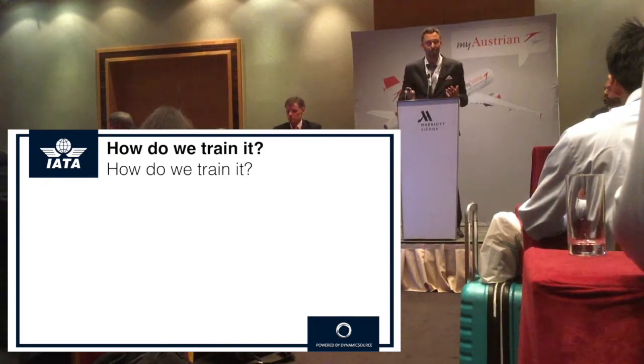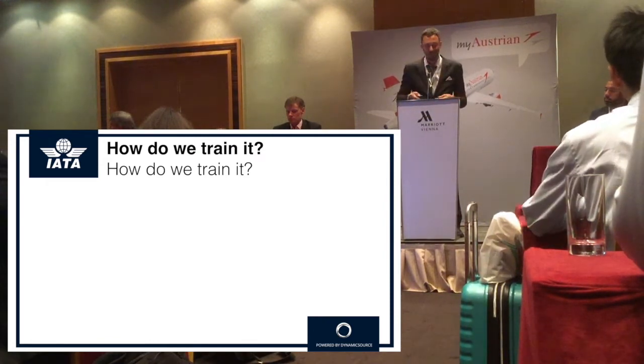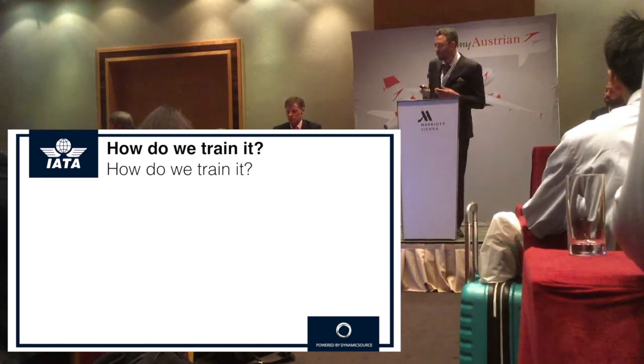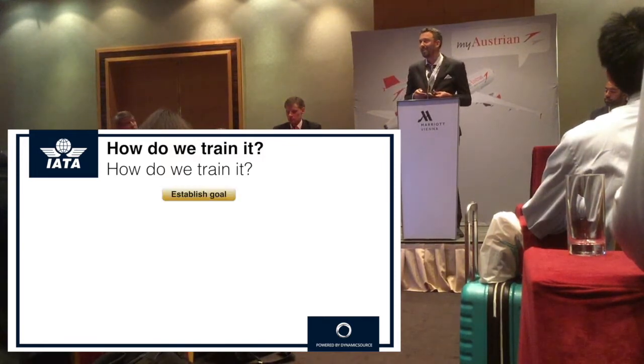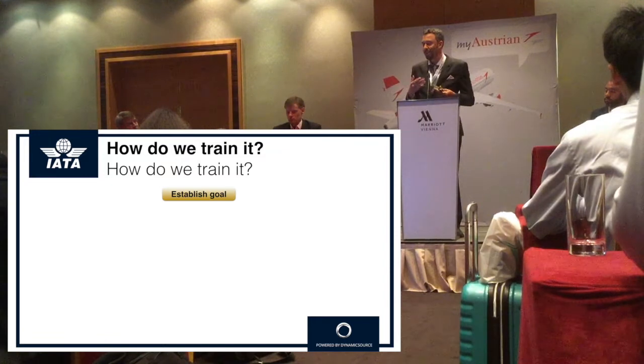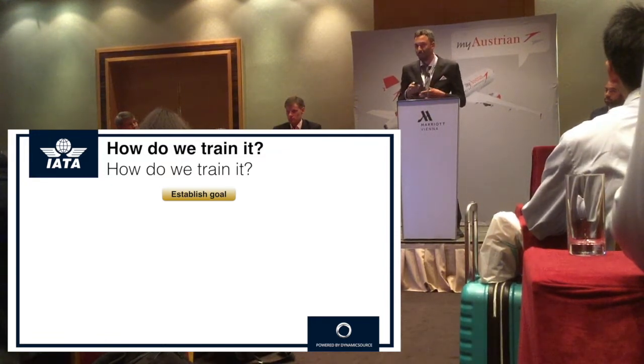And how do we train the robot to do that? I'm going to show you first a diagram of it and then a visualization of it. So first, we have to establish a goal. For this sake, we're going to say that we want to predict the temperature in Chicago of a February morning, because we have a peak hour and we have a lot of flights departing.